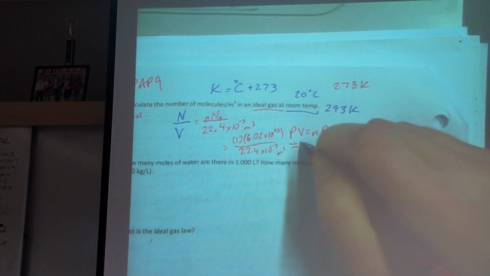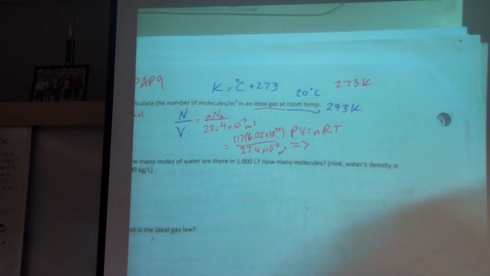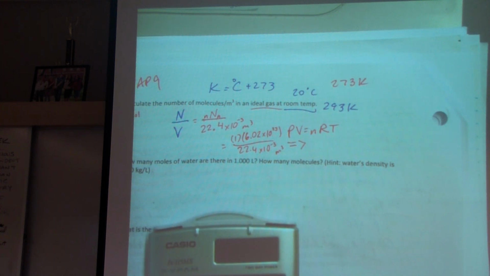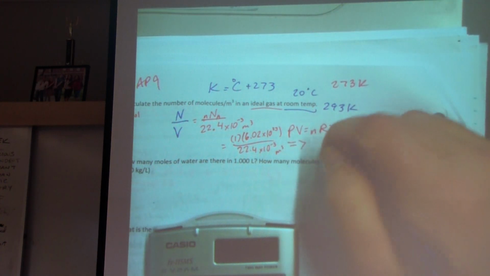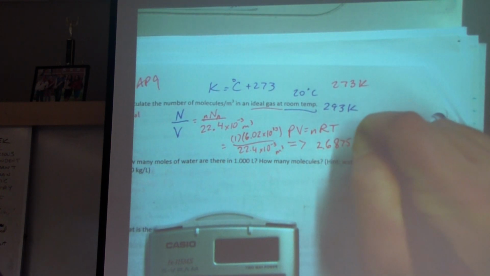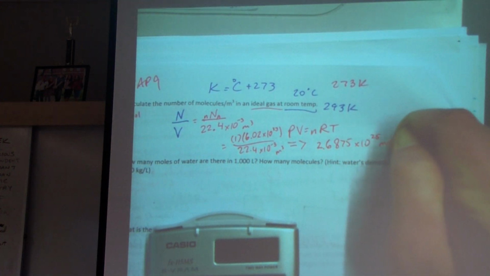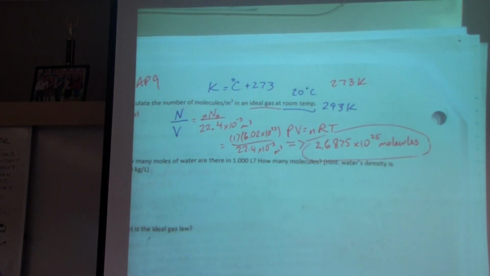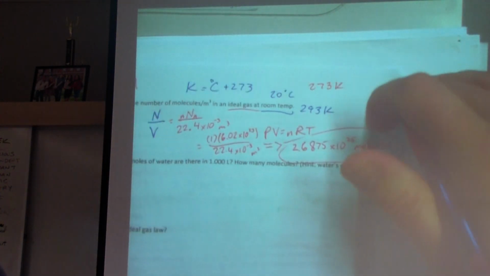We're basically just doing this for STP, calculator. I got a lot. So there are 2.6875 times 10 to the 25th molecules in 1 mole of gas at room temperature, basically at STP. Okay.